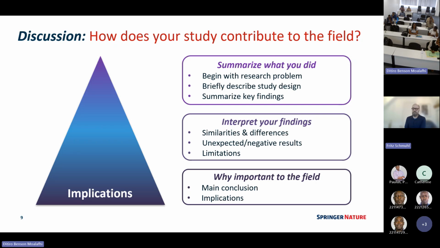So if it is a very interesting thing to mention in that regard, you either put it in the main text of your article or you put it into the supplementary information.